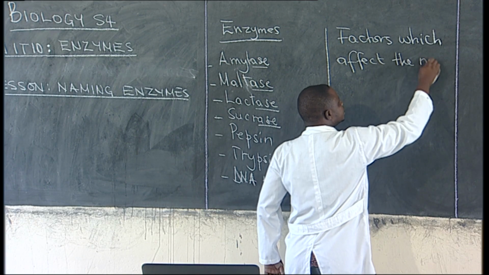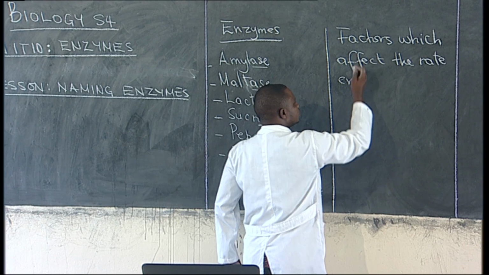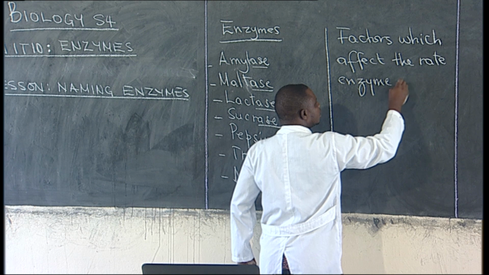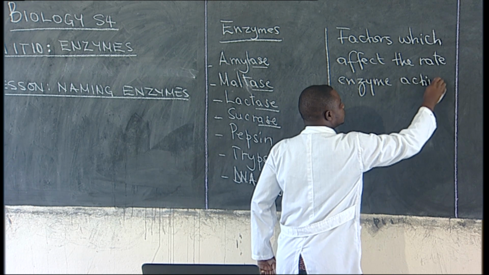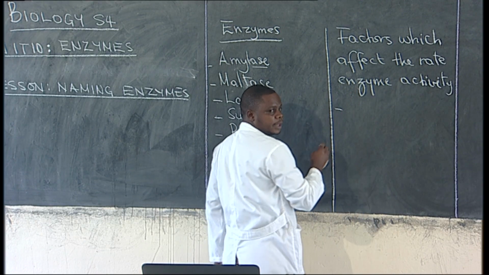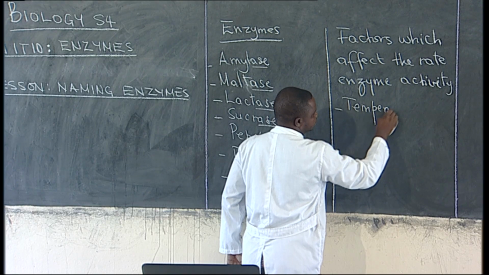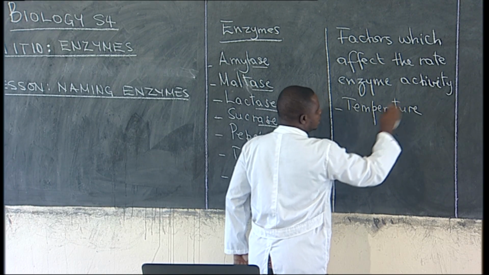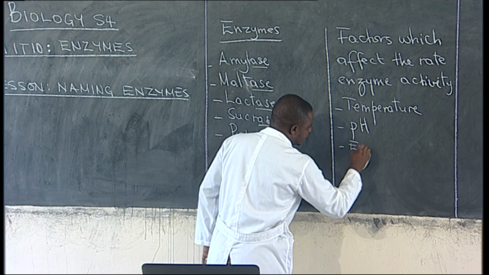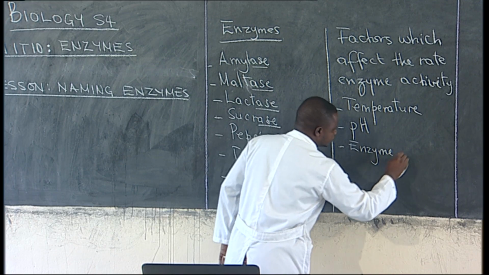The factors which affect the rate of enzyme activity. We have one of them, temperature. We also have pH. We have enzyme concentration.